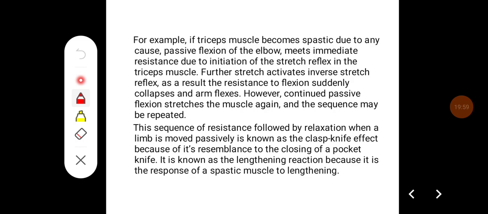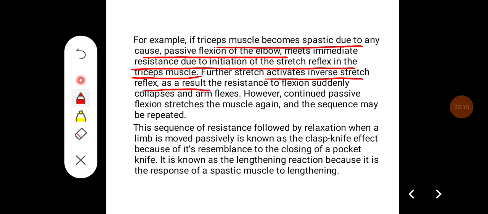For example, if the triceps muscle becomes spastic due to any cause, passive flexion of the elbow meets immediate resistance due to the initiation of the stretch reflex in the triceps muscle. Further stretch activates the inverse stretch reflex. As a result, the resistance to flexion suddenly collapses and the arm flexes.